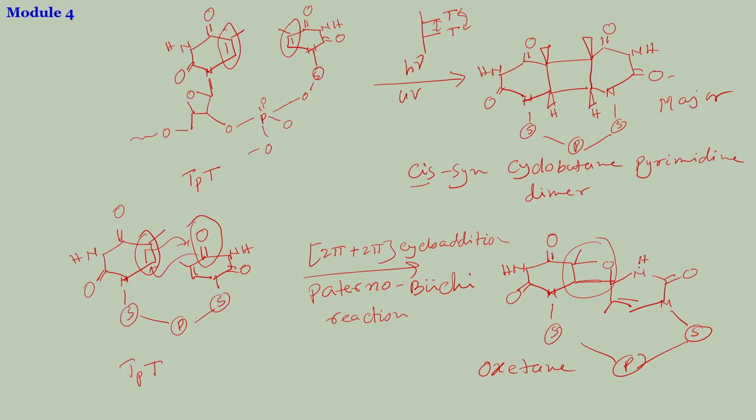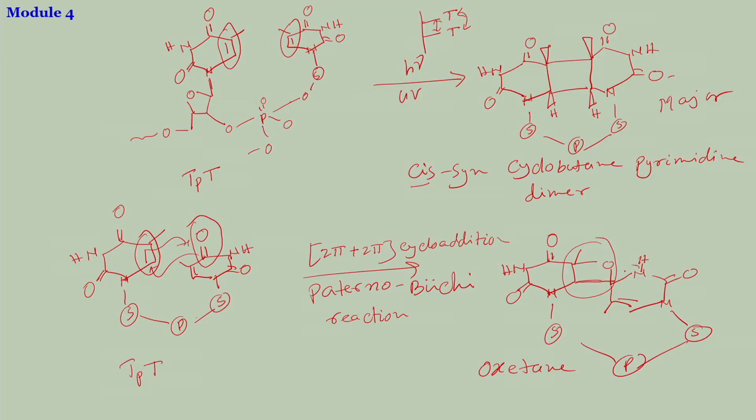Now, of course, oxetane intermediates are not at all stable. So, it will immediately be cleaved like this. There will be one OH coming in and there will be one double bond over here, that gives you this structure.